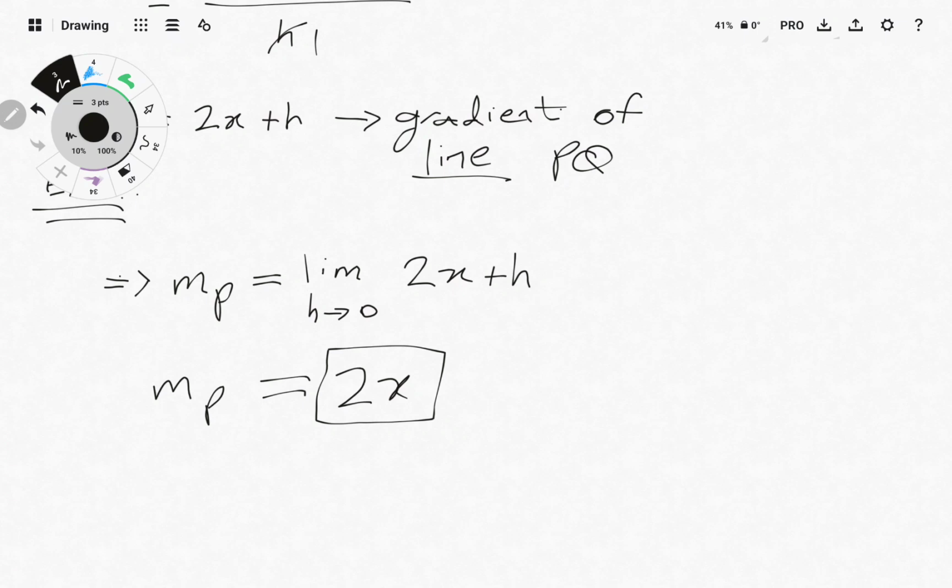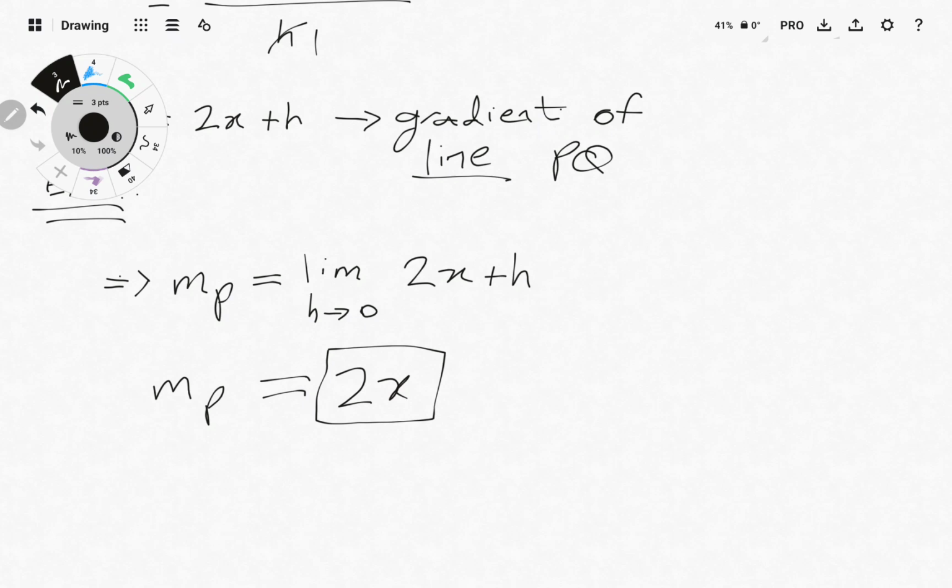And this is actually necessary if you think about it. Obviously the gradient of a curve is different at every single point, as we discussed earlier. So the formula had to have something in it that explicitly showed that variation in gradients at different points. I hope it makes sense.